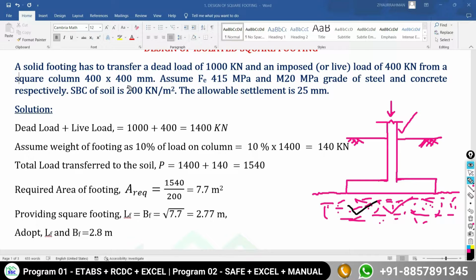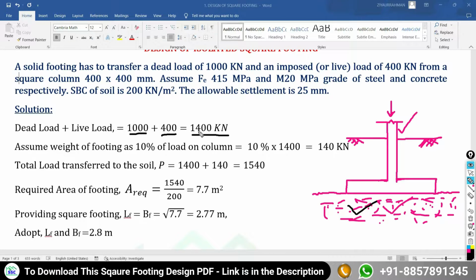But in the problem statement, what have we been given? Only the load coming from the column, that is 1000 kN plus 400 kN. This total becomes 1400 kN. But this 1400 kN is just the transfer of load from the column.